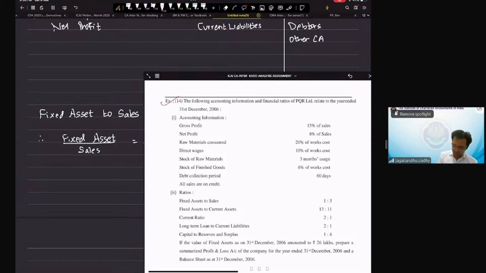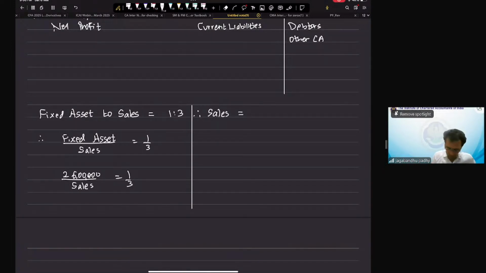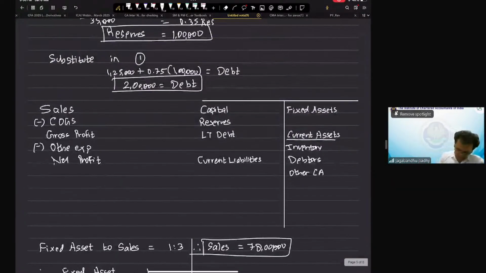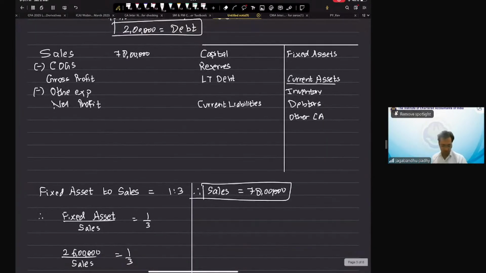Fixed asset value is given in the question as 26 lakhs. We have 26 lakh on sales is 1/3. Therefore, value of sales is going to be 78 lakhs. Perfect. So we got the value of sales. Sales is 78 lakhs.